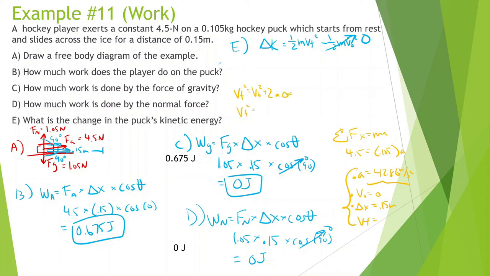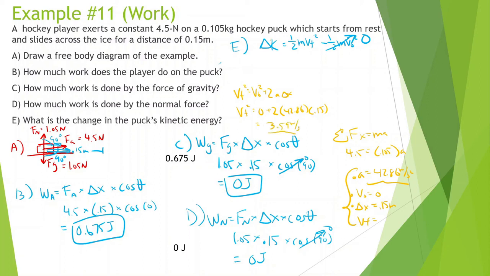Final velocity squared is equal to 0 plus 2 times 42.86 times 0.15. Taking the square root, we get 3.58 or 3.59 meters per second.